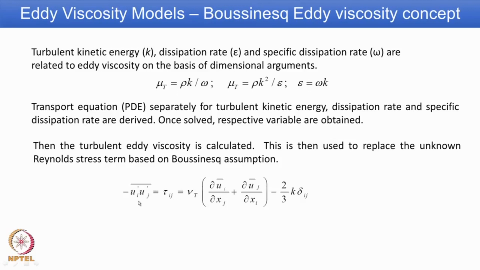We learnt that ui prime uj prime bar is a Reynolds stress, where ui prime is a fluctuation in one direction and uj prime is a fluctuation in another direction.